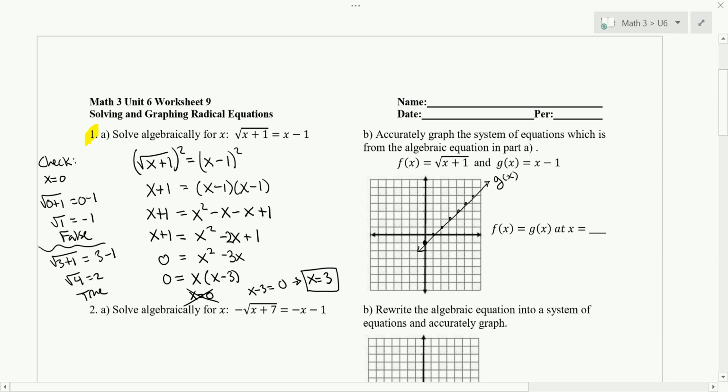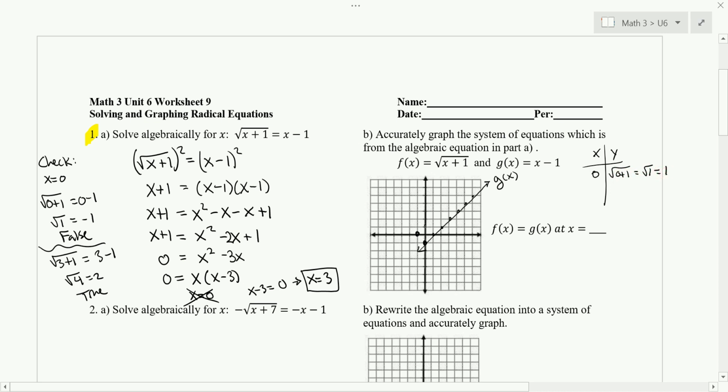And then f of x. We have the translation that x plus 1 moves it left 1 from 0, 0, so that's our starting point at negative 1, 0. And I'll just make a table of values here. If I plug in a 0, I get the square root of 0 plus 1, which is the square root of 1, or 1.